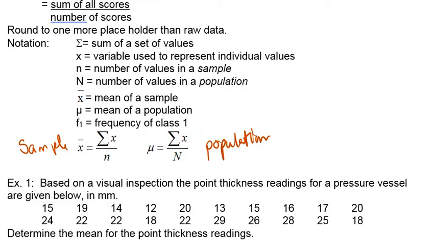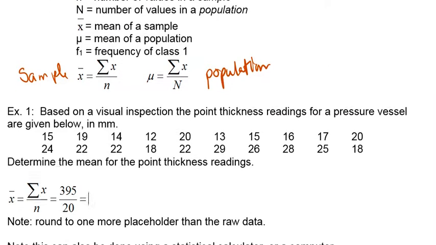When we're looking at writing down our work, make sure that you are showing all your steps. So write your formula, that summation symbol, you can go straight to the total. It's okay though if you wanted to say equals 15 plus 19 plus 14, etc. And we divide by our number of data points, so this is 20 data points. So you plug that into your calculator, we get 19.75.